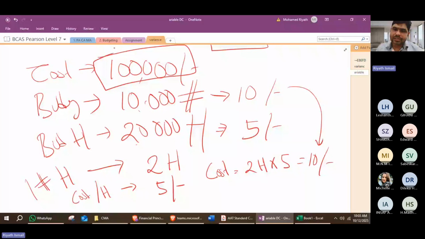Even if you produce 0 units, you have to bear this 100,000 rupees as a fixed cost for that machine. Do you agree on this statement? Whatever you produce, or however many hours you use this machine, you have to pay this 100,000 rupees, right?